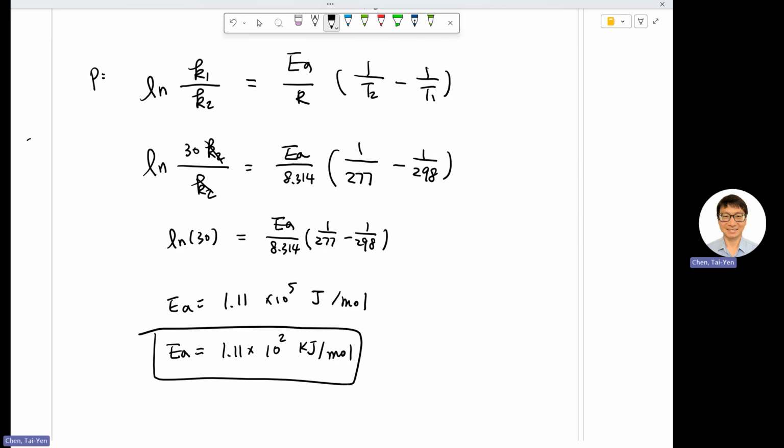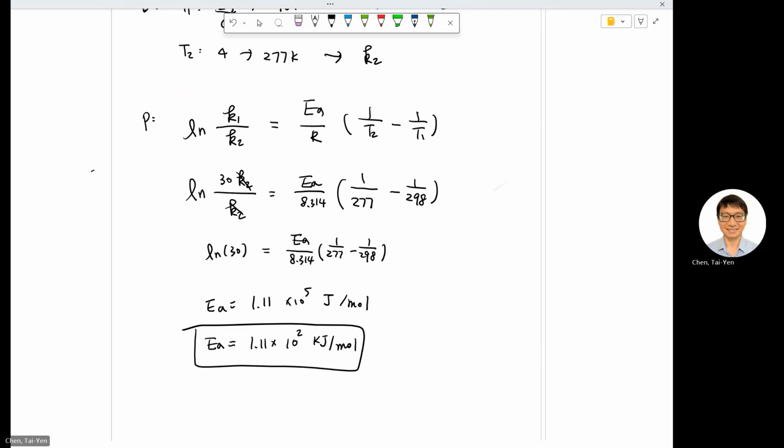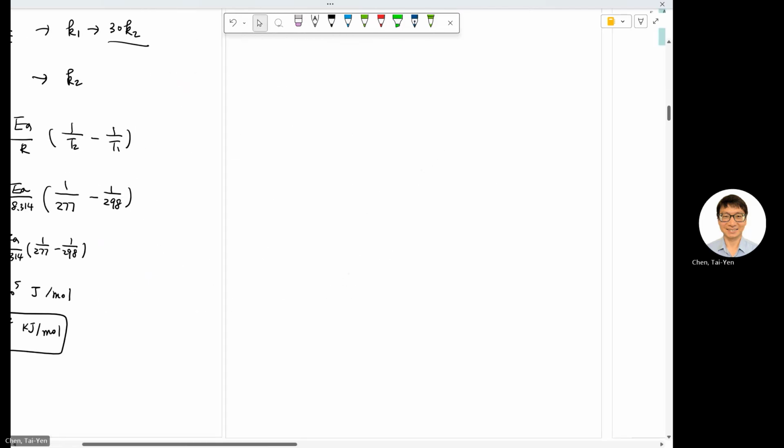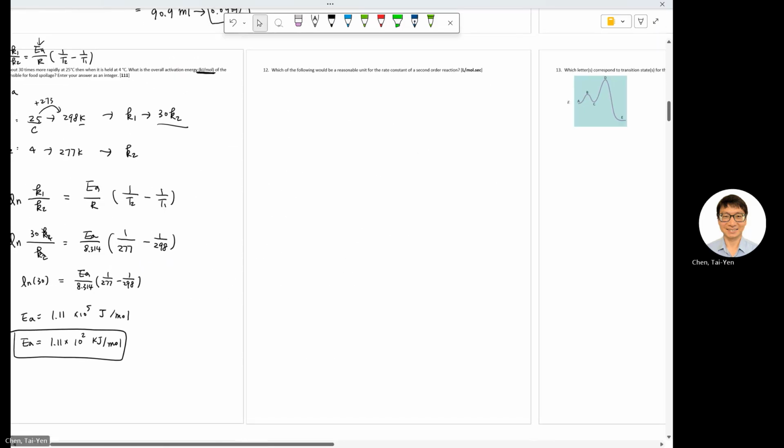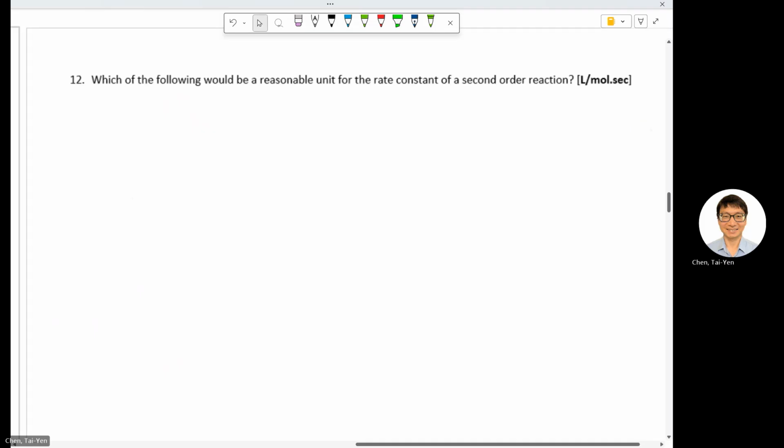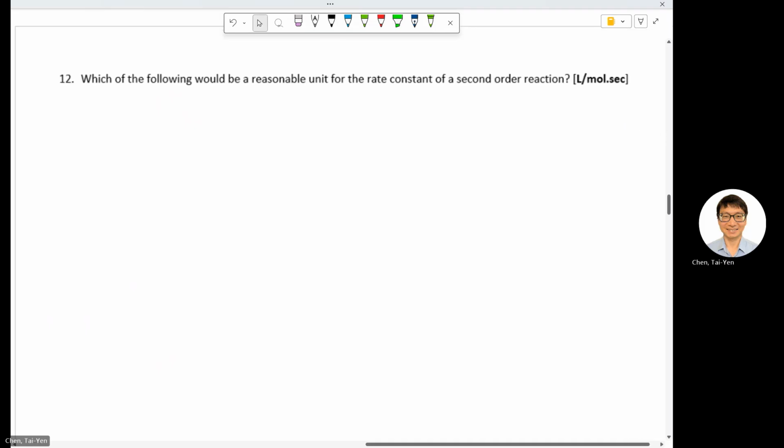Okay, now next. Which of the following will be a reasonable unit of the rate constant for a second order reaction? This is a very standard type of question: the unit of K, the unit of your rate constant.